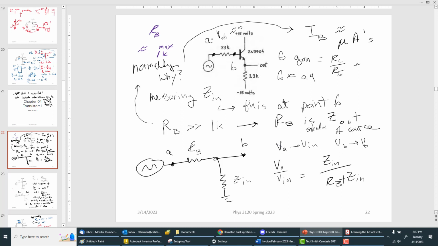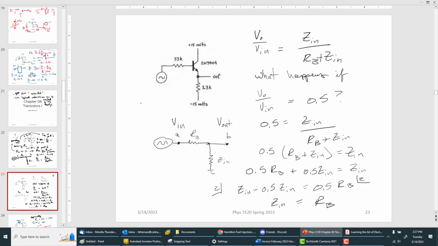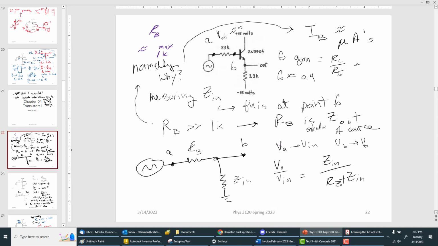Why is V out with a 33K important? And that's because ultimately what we're going to see this thing does. But maybe that's on the next slide and I'm jumping the gun. No. Never mind.